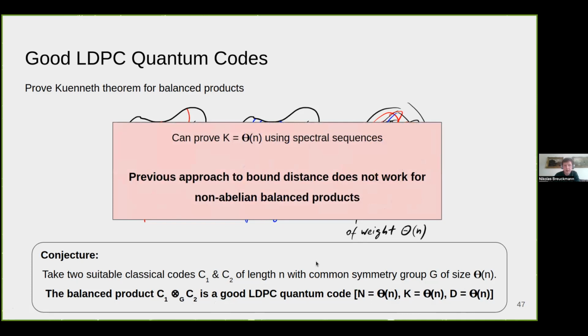And we proved that the number of encoded qubits is linear using some homological algebra. However, this distance bound only works for abelian products. Here the group is necessarily non-abelian, so we couldn't fully prove this conjecture.